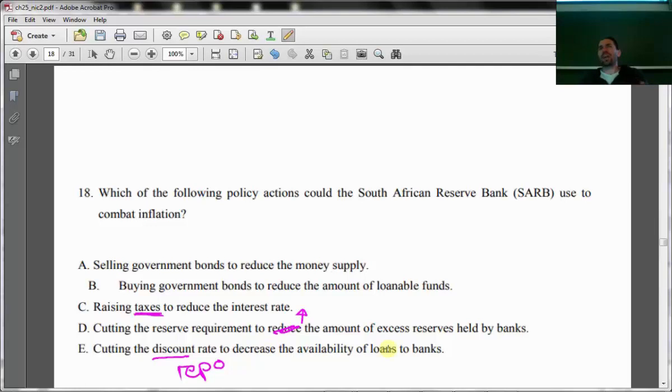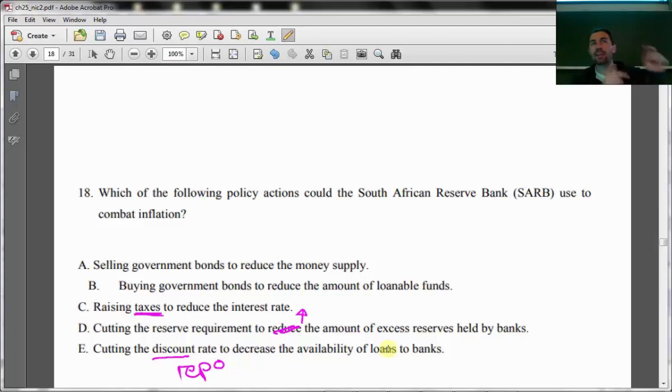No, it doesn't change the availability. If anything, it makes banks want to borrow more from the Reserve Bank, because it's decreasing the cost of borrowing. If you decrease that cost, banks are happier to hold less money on their balance sheet because if they run out of money, it's relatively cheap to borrow from the Reserve Bank quickly. They don't want to, but if they have to, they will.